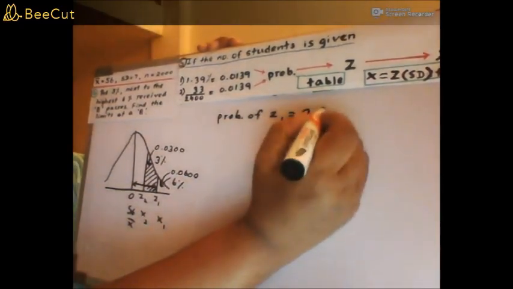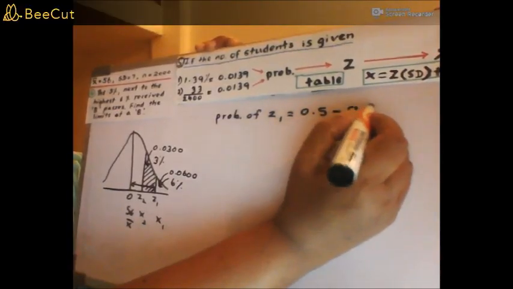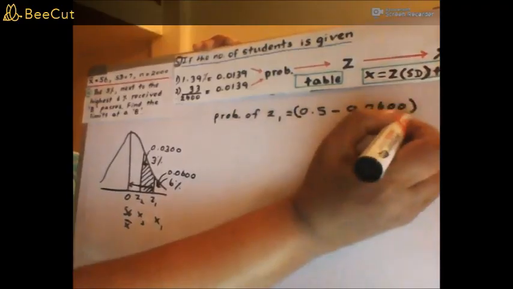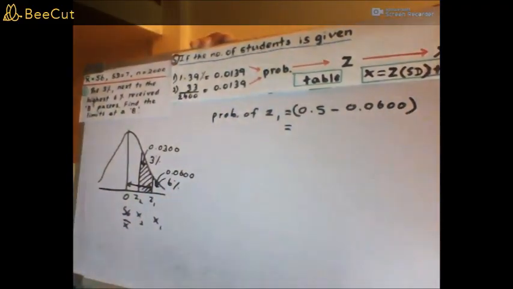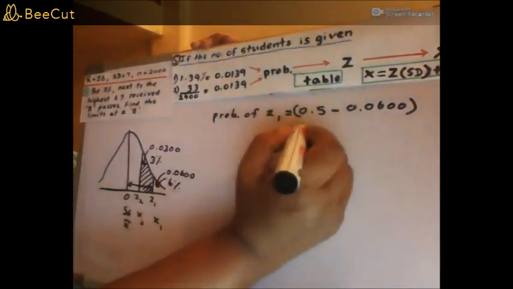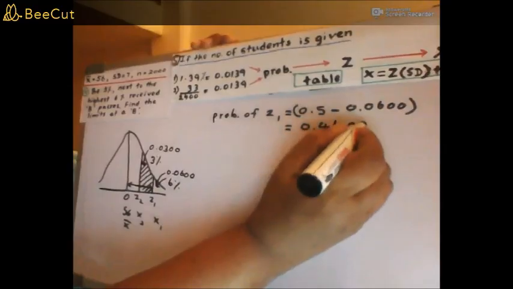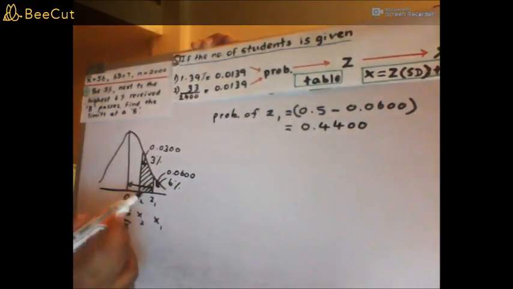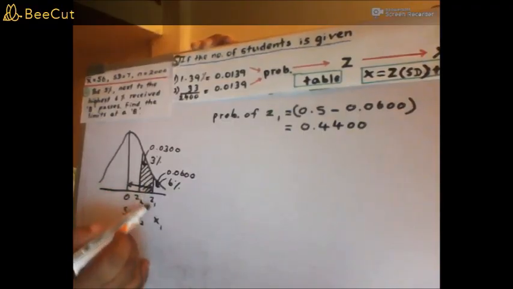You have to deduct that one from 0.5. So the answer here is 0.4400. That is this probability.